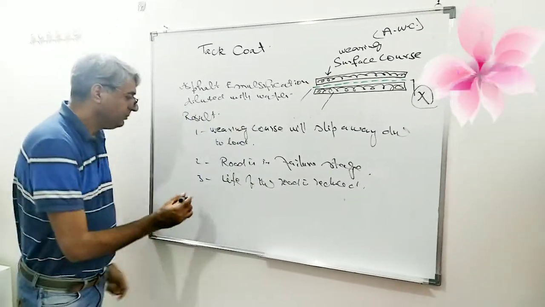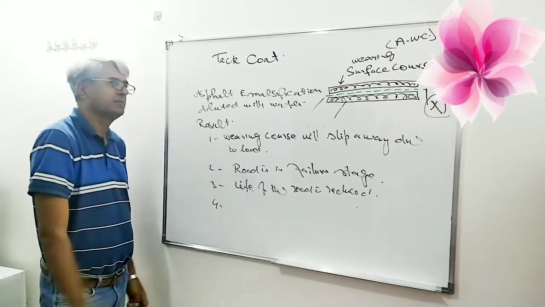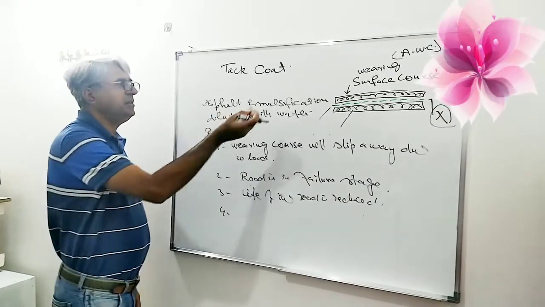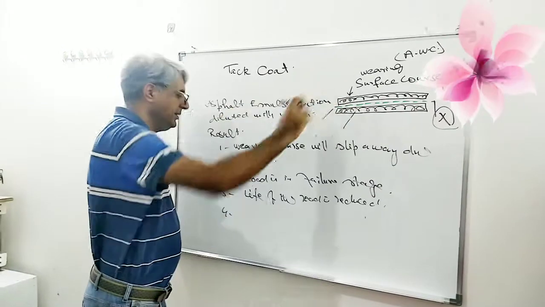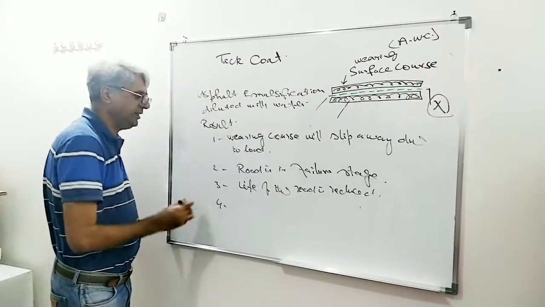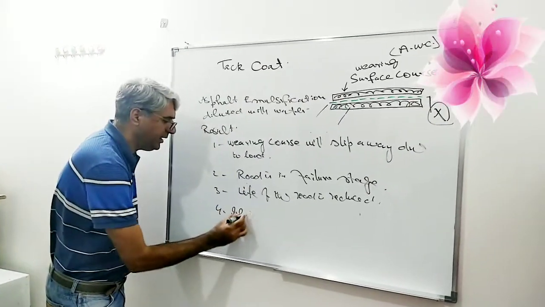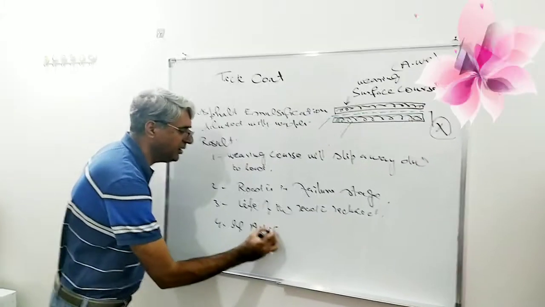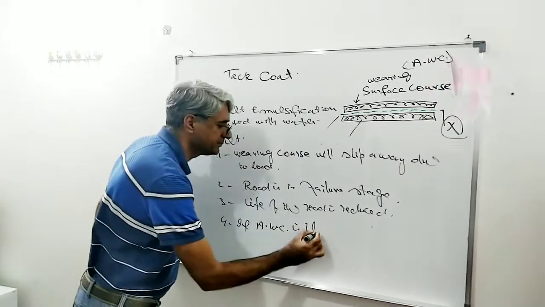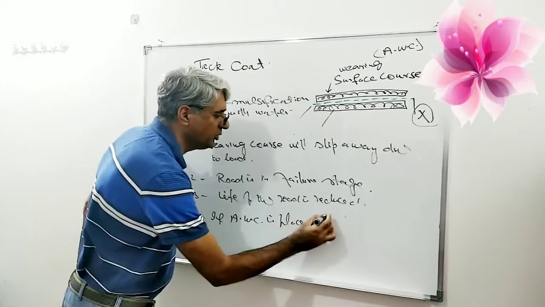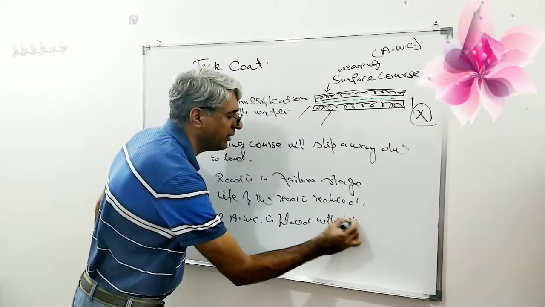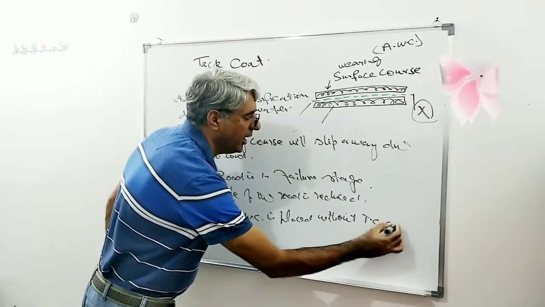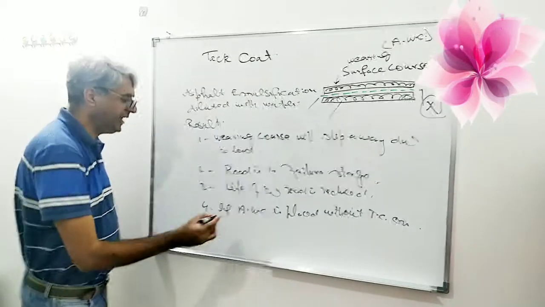So, fourth point, this surface course, if the asphalt wearing course is placed without tack coat, on where we are going to apply the tack coat?